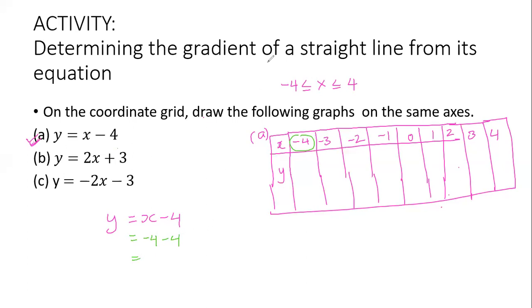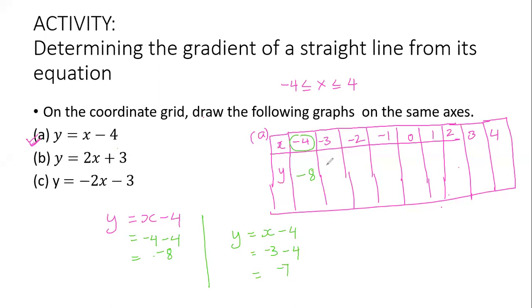Which answer do we have in the chat quickly? In the chat, which answer do you have for the first one when you put -4? Yes. Okay, -8. Good. So here we shall have -8. Can you put the next one? When we have y is equal to x minus 4, when you put -3, I'll have -3 minus 4, which answer?